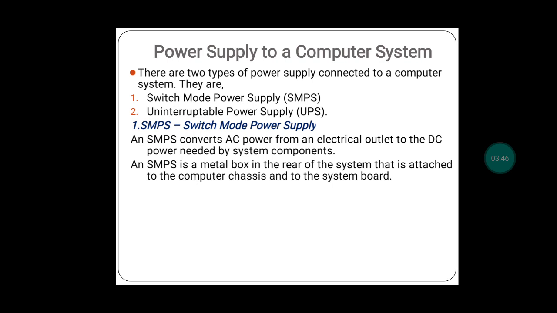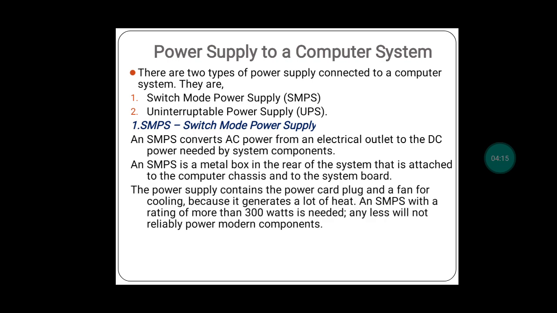Normally which components do we have? Monitor, keyboard, CPU, like this we say, right? That CPU box is the computer chassis, that is, the computer case. In the back side of that case, this metal box is placed, which is the SMPS power supply.